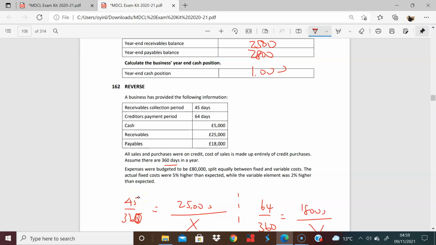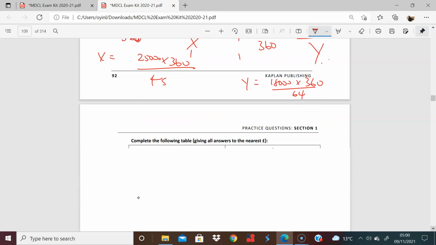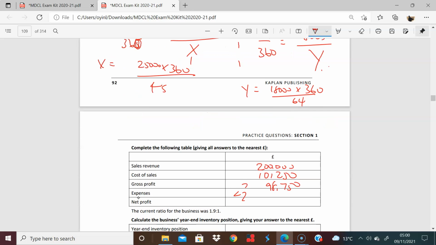Let's look at my expenses. It says here that expenses are budgeted to be 80,000, split equally between fixed and variable. So that's 40,000 there and 40,000 here. It says the actual fixed expenses were 5% higher than expected, that's 1.05, and the variable were 2% higher than expected, that's 1.02. So do the calculation: 40,000 times 1.05 is 42,000, plus 40,000 times 1.02, which is 40,800.